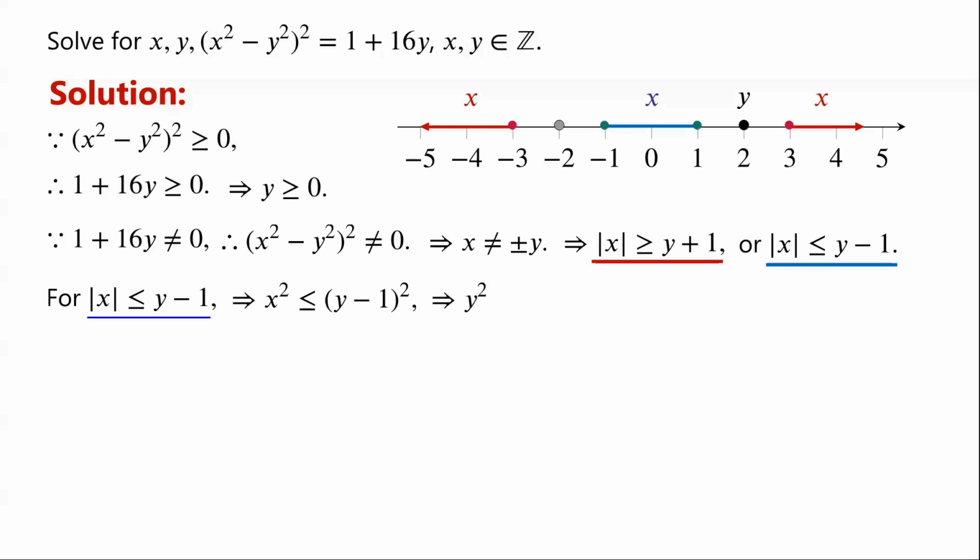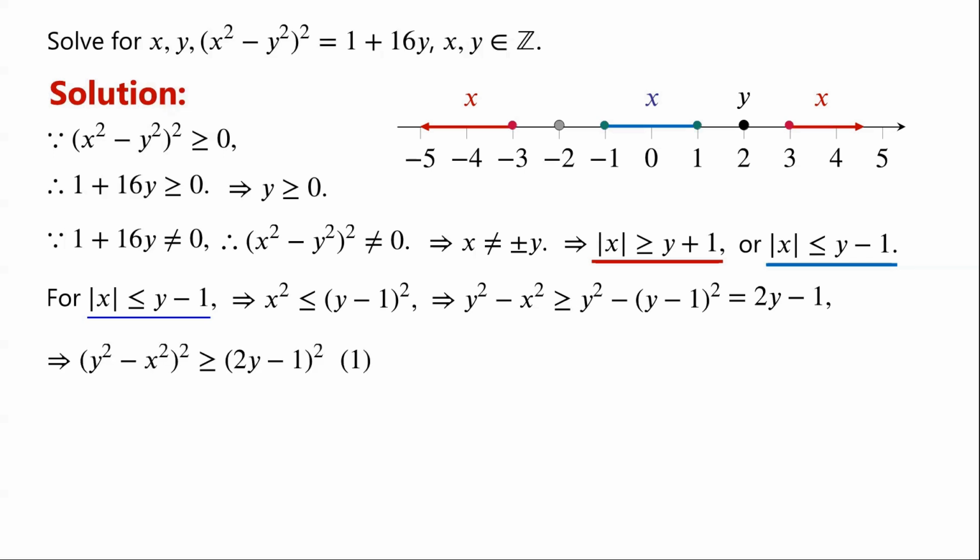We have y squared minus x squared is greater than or equal to y squared minus y minus 1 all squared. y squared minus y minus 1 all squared equals 2y minus 1. As y is greater than or equal to 1, 2y minus 1 is greater than 0, and y squared minus x squared is greater than 0. So the inequality still holds when squaring both sides. So we have y squared minus x squared all squared is greater than or equal to 2y minus 1 all squared. Call this inequality 1.